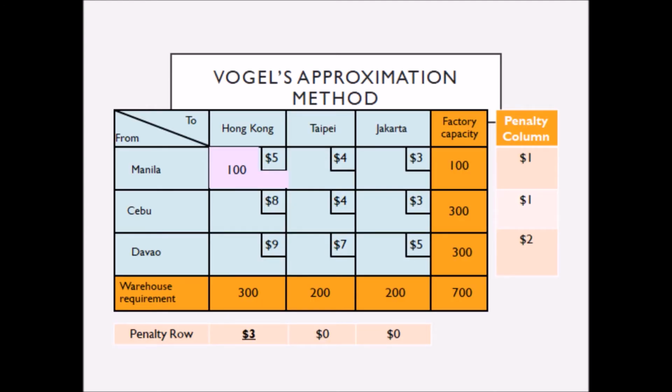In this case, the origin point with the lowest cost is Manila. Therefore, we exhaust all the units that Manila can give, which is 100, to Hong Kong, which has a demand of 300. Since Manila has already exhausted all its supply, we will now disregard the row of Manila.